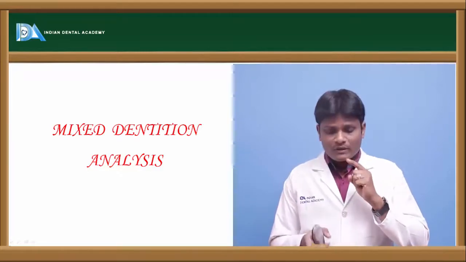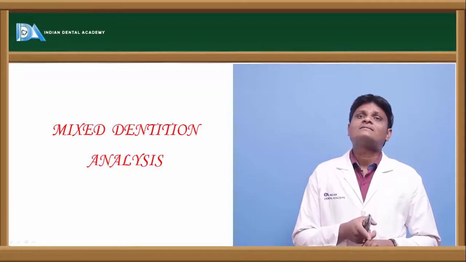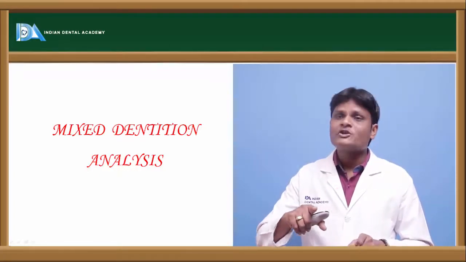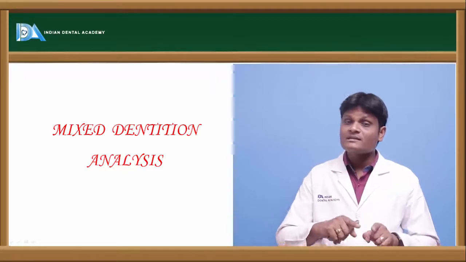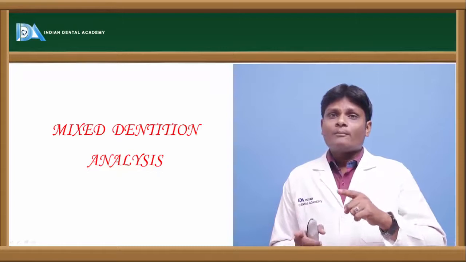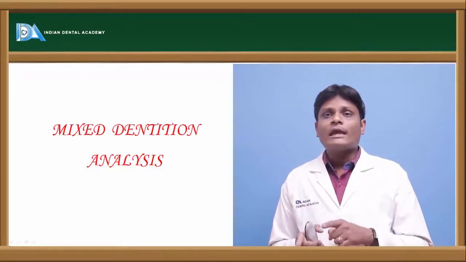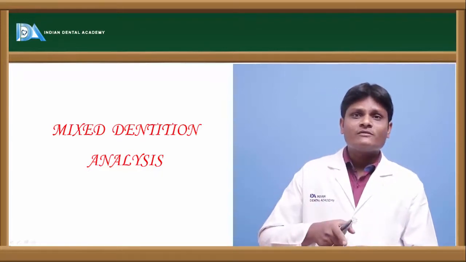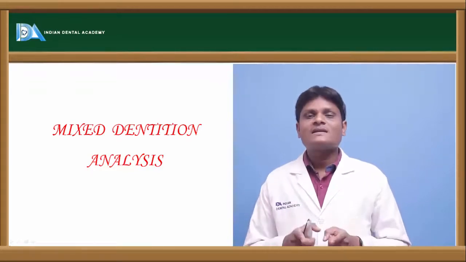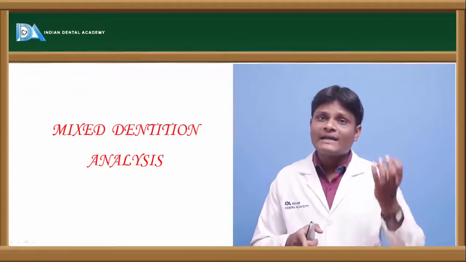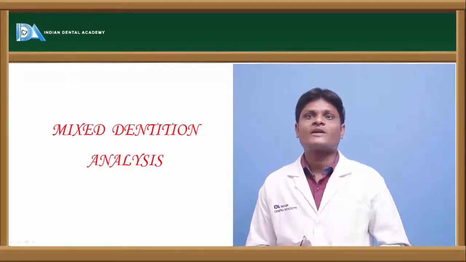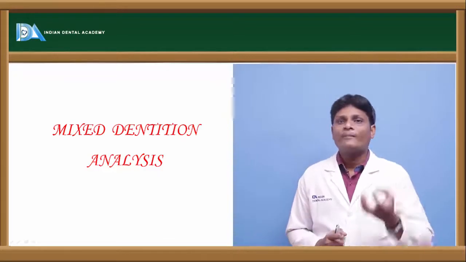So when we do a mixed dentition analysis, we will measure the arch length in the region of missing teeth, or in the region of deciduous dentition, and by some means we will evaluate the combined mesiodistal widths of unerupted permanent canine and premolars, and we will see the discrepancy between the unerupted tooth size and the available arch length to accommodate those unerupted teeth. So that is the importance of mixed dentition analysis.